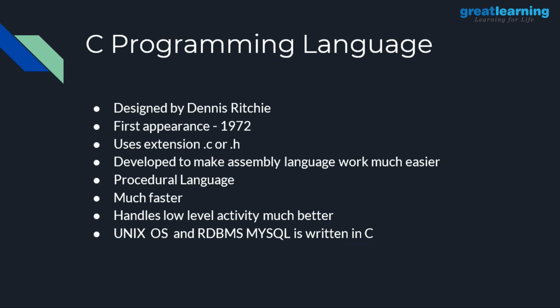Basically we are dealing with data structures, but these are certain points you should know. What do you mean by low-level activity? If you're trying to allocate memory and free that memory, you are responsible for that using malloc and free.